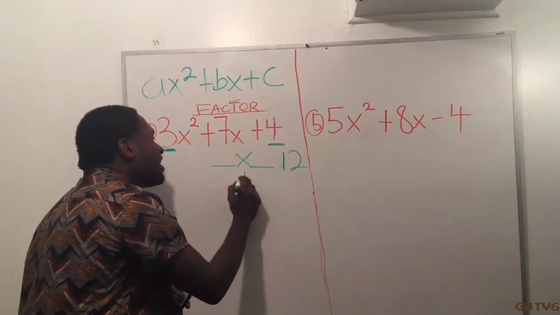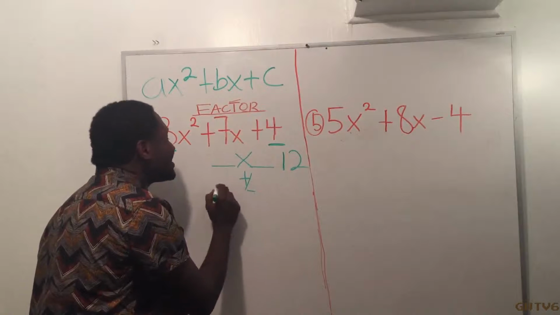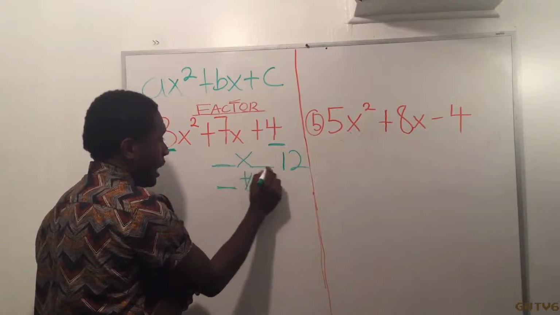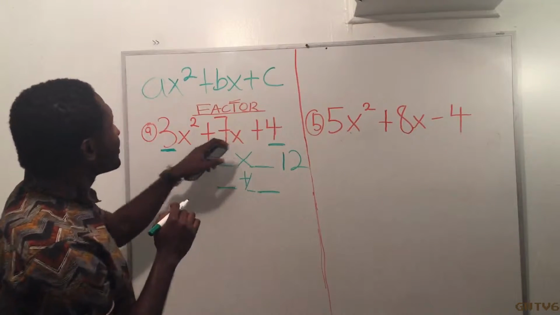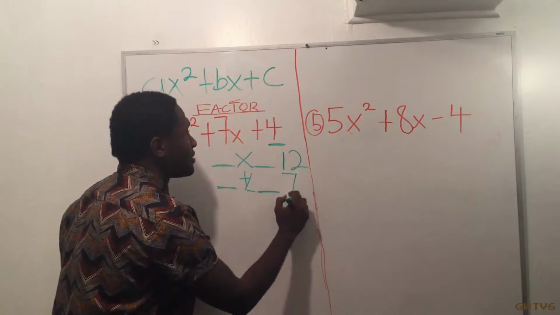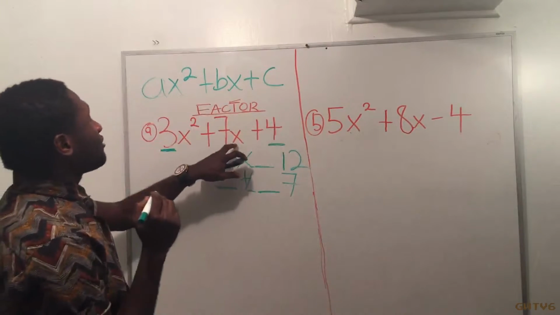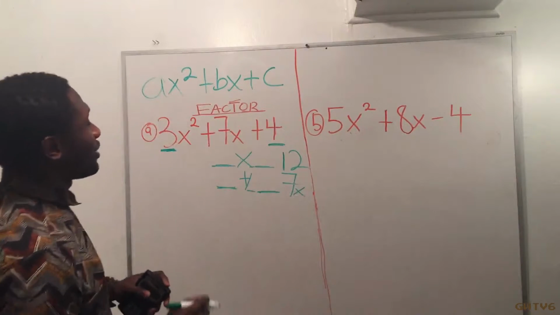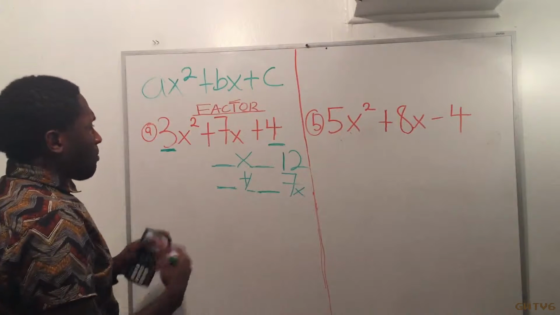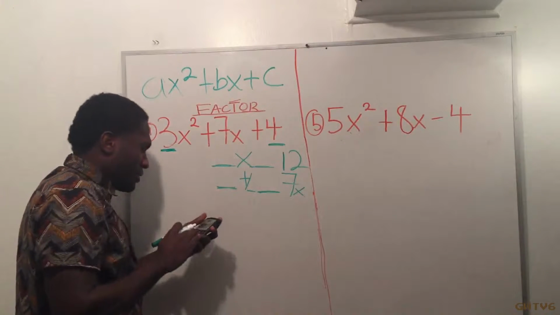But if I add or subtract those same two numbers, I should get the middle number, which is 7 in this case. And because it has a variable x, let me just add x to it, because it has to have x right here. So now I'm going to start searching for the two numbers.